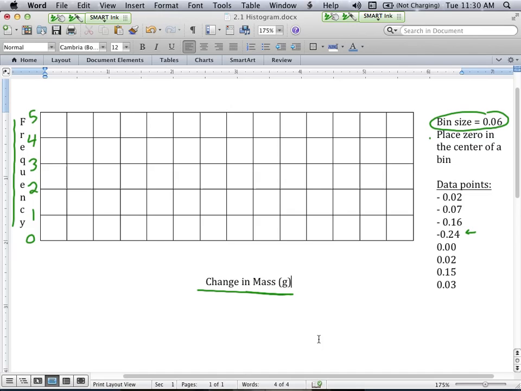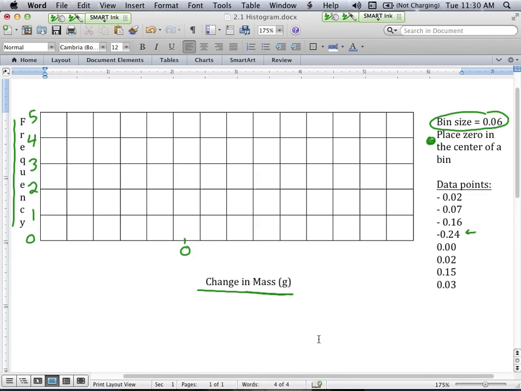In this case, it's 0.24. 0.06 goes into that about 4 times, and then I want a little extra, so I'm going to go 1, 2, 3, 4, 5, let's just say over here, and put 0 in this bin. Now why didn't I put it on the edge? Because it says to place 0 in the center of a bin, so I put 0 right there.